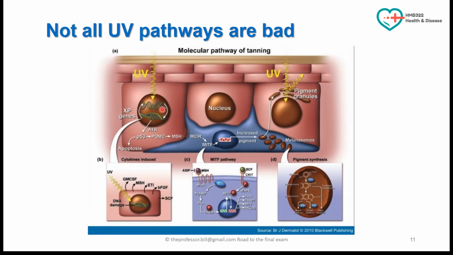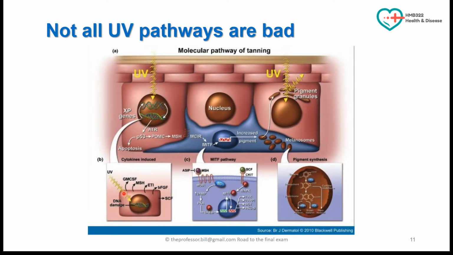So this keratinocyte over here is releasing, in response to UV damage, melanocyte stimulating hormone, and it gets released from this cell. I'm hoping that we're all on the same page so far. It's not the only thing that happens, and for the sake of clarity, we're not going to go through all of these different factors.